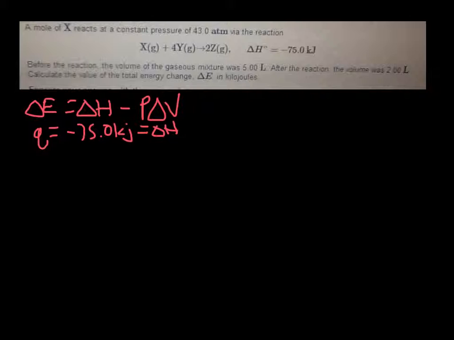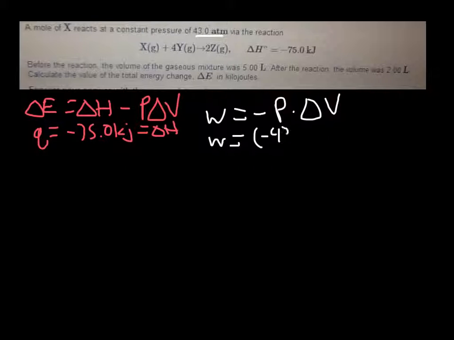Now we have to figure out the work. Work equals minus P multiplied by delta V. P is already given up here: 43.0 atm. So work equals minus 43.0 multiplied by the change in volume.